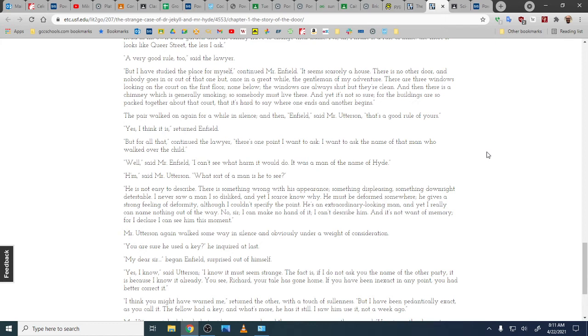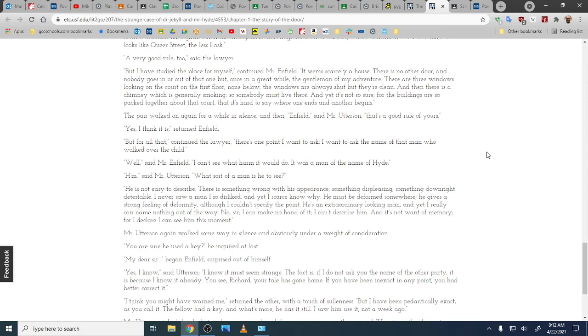And yet it's not so sure, for the buildings are so packed together about that court that it's hard to say where one ends and another begins." The pair walked on again for a while in silence, and then "Enfield," said Mr. Utterson, "that's a good rule of yours." "Yes, I think it is," returned Enfield. "But, for all that," continued the lawyer, "there's one point I want to ask. I want to ask the name of that man who walked over the child."